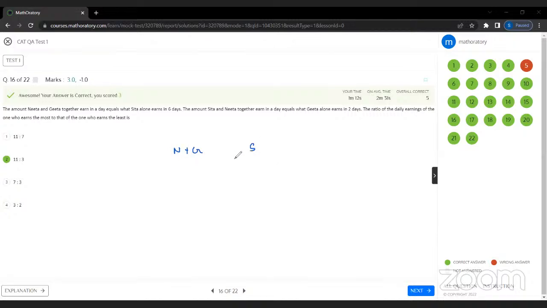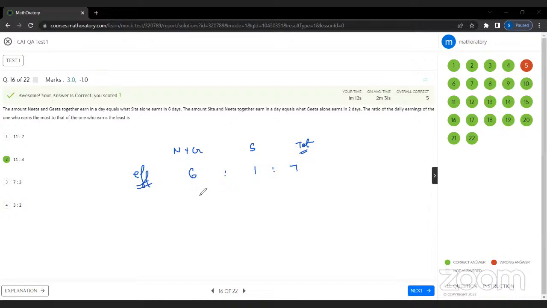So in terms of efficiency, this group has 6 times the efficiency of Sita. As I was saying, with this relation known, I can always figure out the total efficiency of the 3, because these 3 are in the context if you read the entire question. So if I take 6 and 1, the total becomes 7.